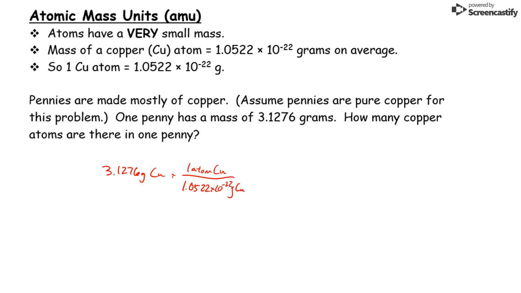Now, when we start multiplying this out, we end up getting 2.9724 times 10 to the 22nd atoms of copper.